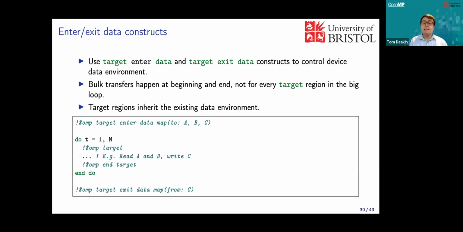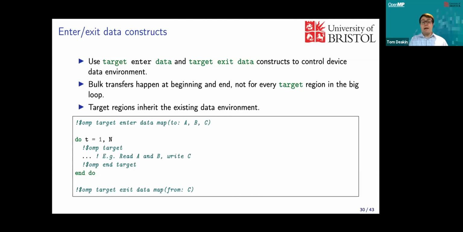On a target enter data, we just do the part of that offload that sets up the transfers to the device that you would normally encounter when you reach a target directive. So here it's just doing any data mapping that you do at the start of a target region, and this is going to set up this device data environment for us.